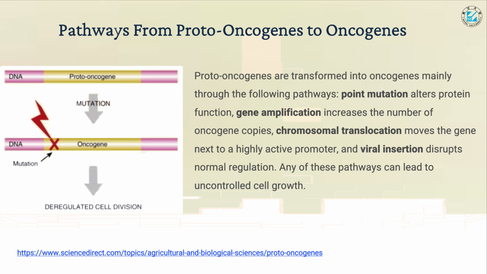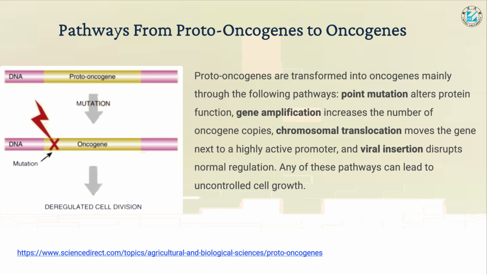Third, chromosome translocation may move a proto-oncogene next to a highly active promoter or fuse it with another gene. This can result in abnormal expression or production of a fusion protein.